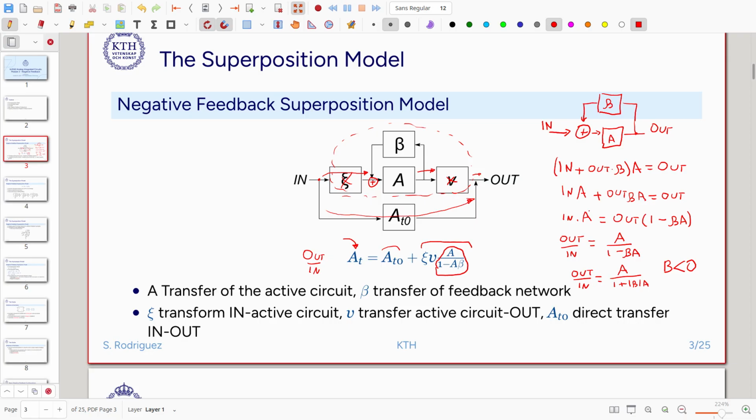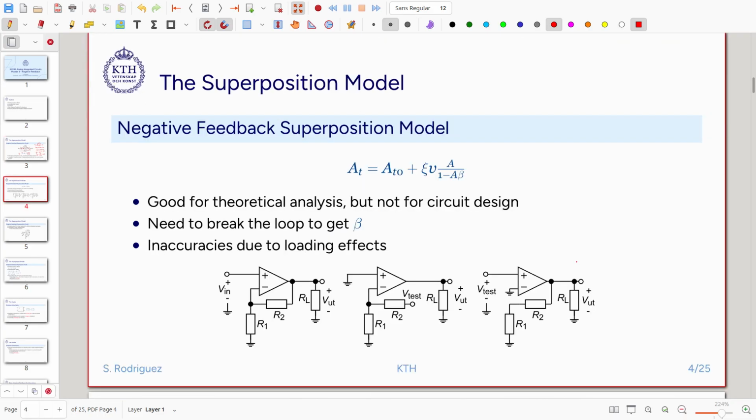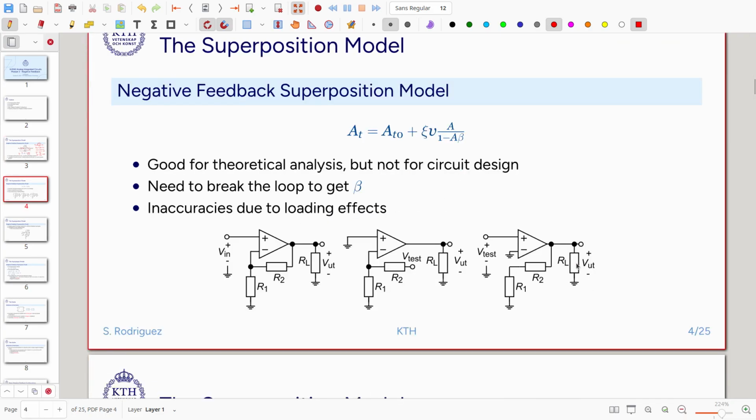Okay, so we are going to analyze this equation. We have that the total transfer function depends on the feed forward, and depends on the term that has the feedback here. And this is quite good for doing theoretical analysis, and it is pretty much used for that.